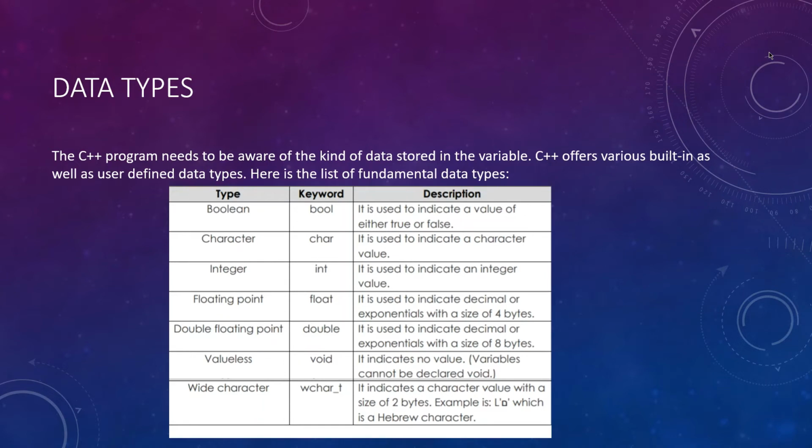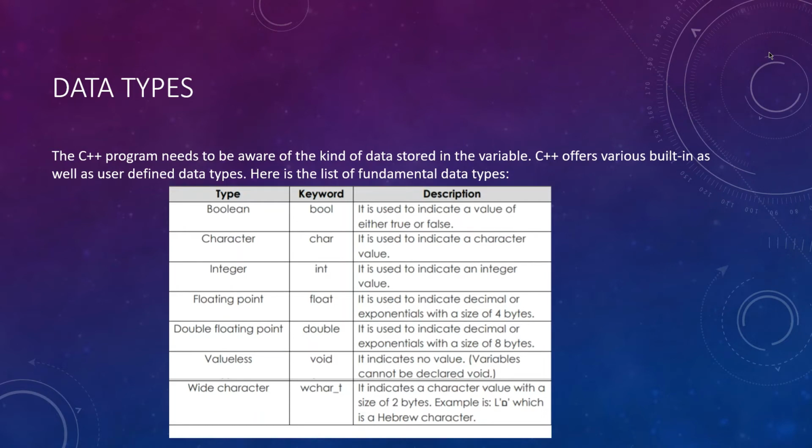It is used to indicate a value of either true or false. Character, keyword char. It is used to indicate a character value. Integer, keyword is int. It is used to indicate an integer value. Floating point, keyword is float.